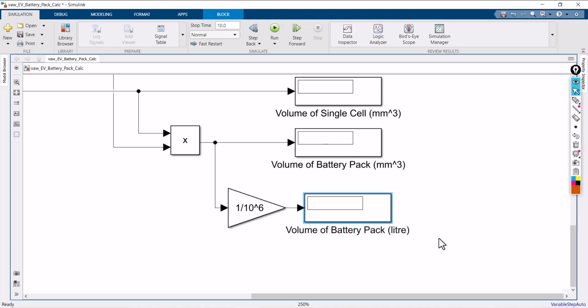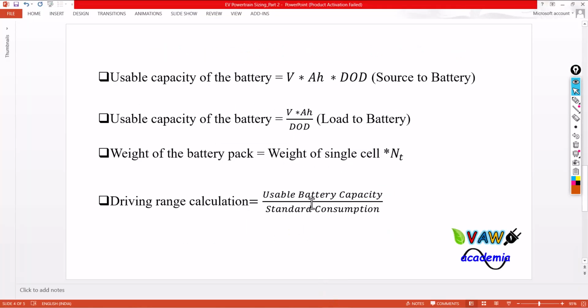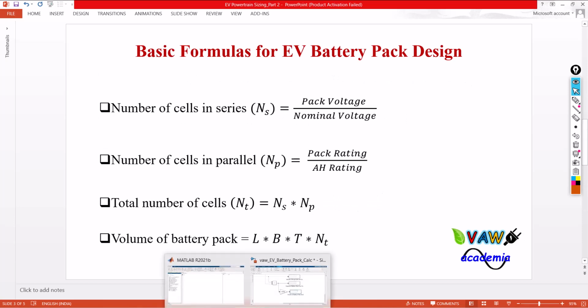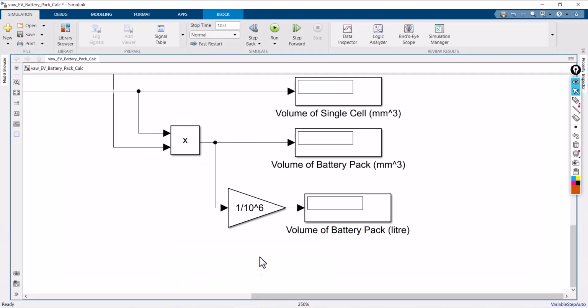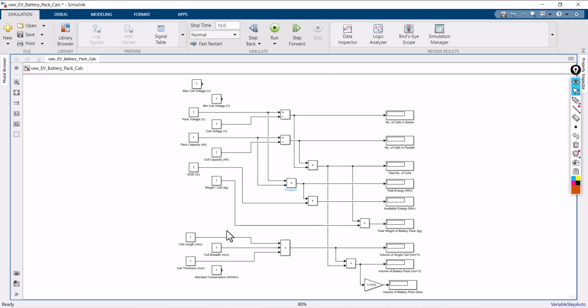At last, you can go for the range calculation. We know that the formula to find the range is usable battery capacity divided by standard consumption. Here, the usable battery capacity is nothing but the available energy.